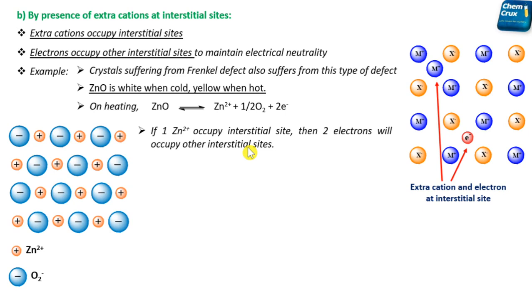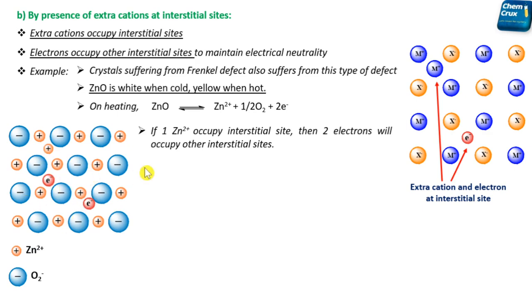So let this be one Zn2+ ion and these are the 2 electrons. Suppose this Zn2+ ion occupies one interstitial site. To balance it, there must be 2 electrons occupying other interstitial sites. So the overall electrical neutrality of the crystal is now maintained.